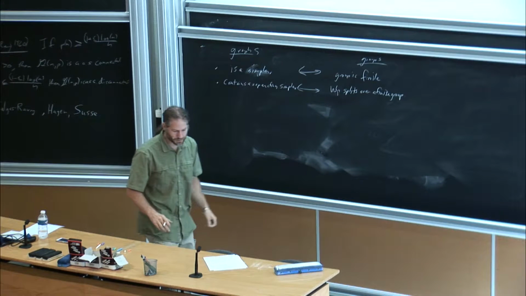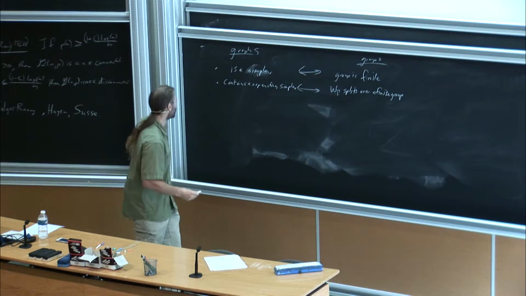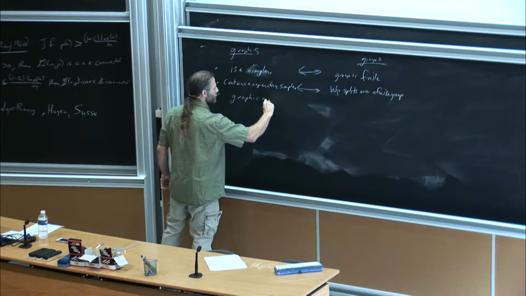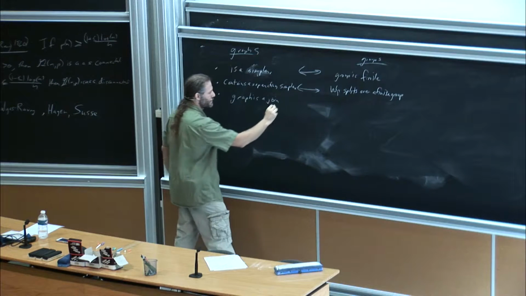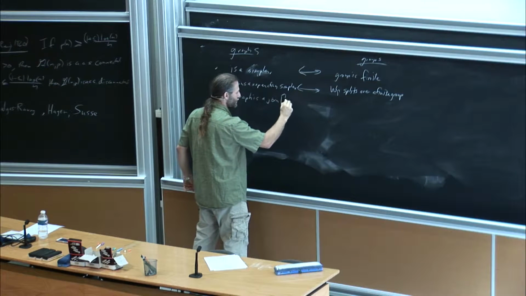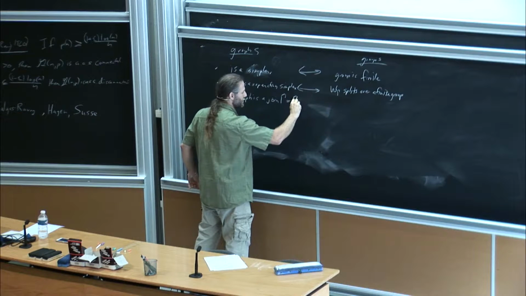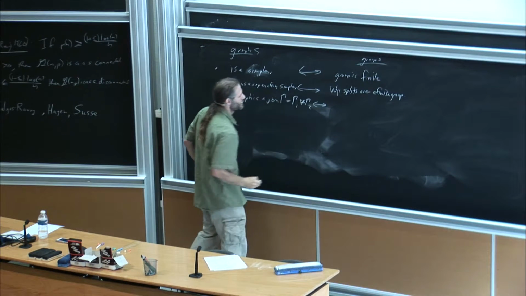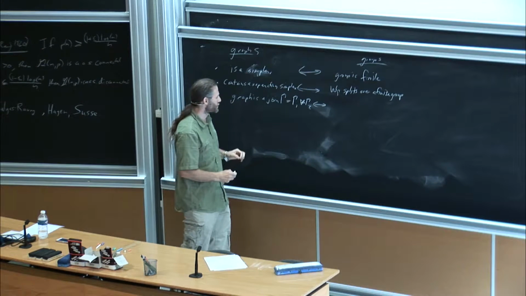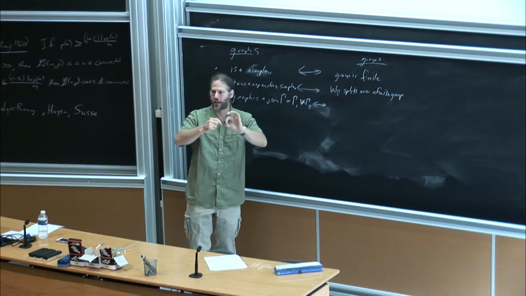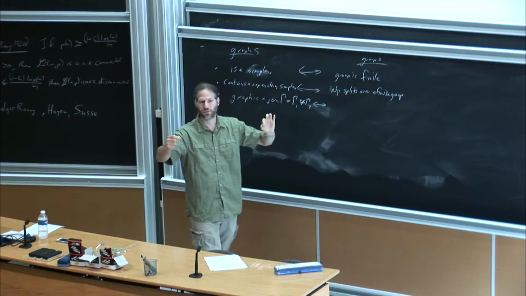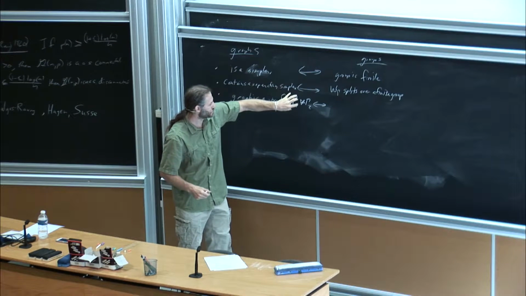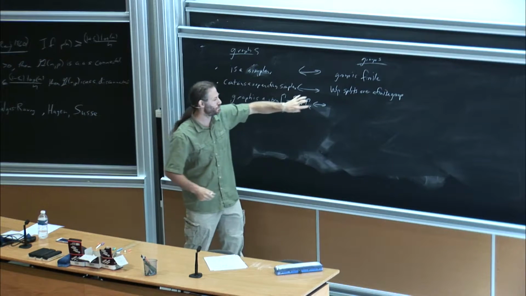All right, the next property I want to think about is that the graph is a join, which I usually denote gamma equals gamma 1 star gamma 2. Well, remember for us, a join means we take every vertex on one side and we attach that to every vertex on the other side. In other words, if we think about the corresponding group, every one of the generators over here will commute with every one of the generators over there.